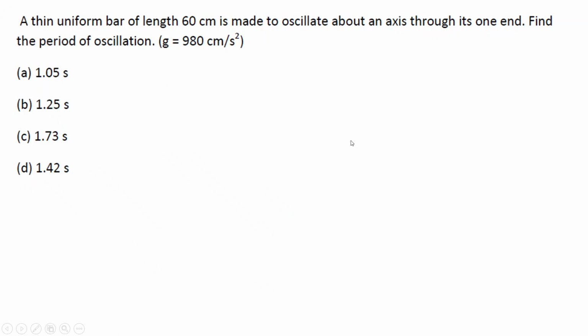Okay, so the first question, let's try solving. This is based on the compound pendulum. A thin uniform bar of length 60 centimeter is made to oscillate about an axis through its one end.